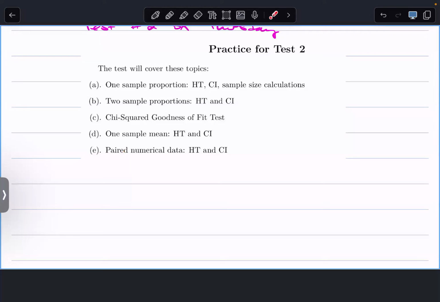And then today we're going to introduce the last type, which is obviously not on test 2, but on the final exam, where we have two independent sample means that we want to compare.